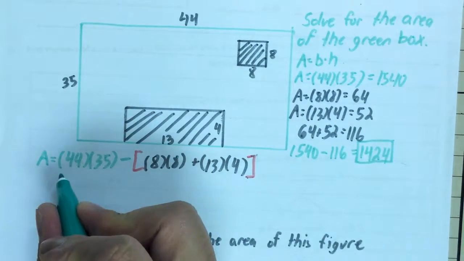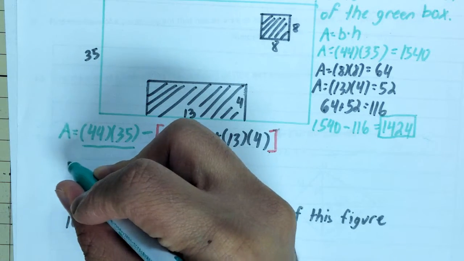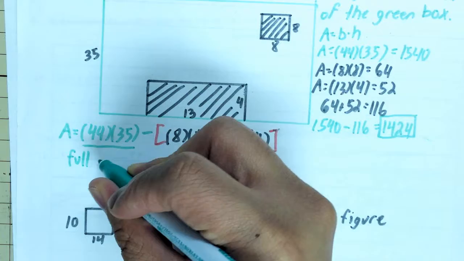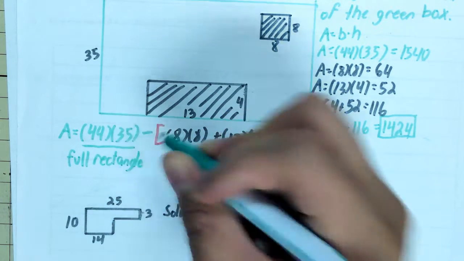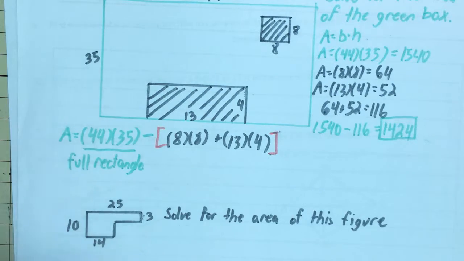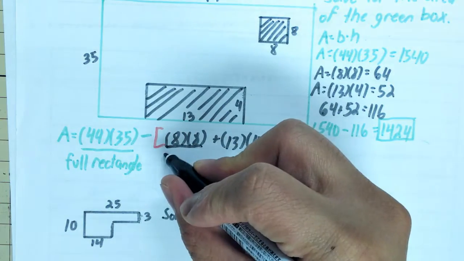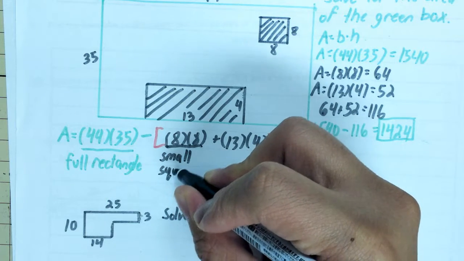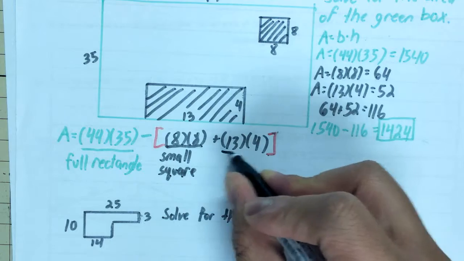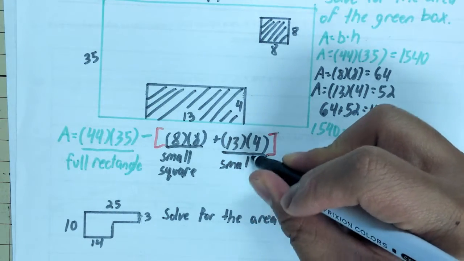So right here, this is the area of my full rectangle. And then we're subtracting the two areas off. Right here represents my small square. And over here represents my smaller rectangle.